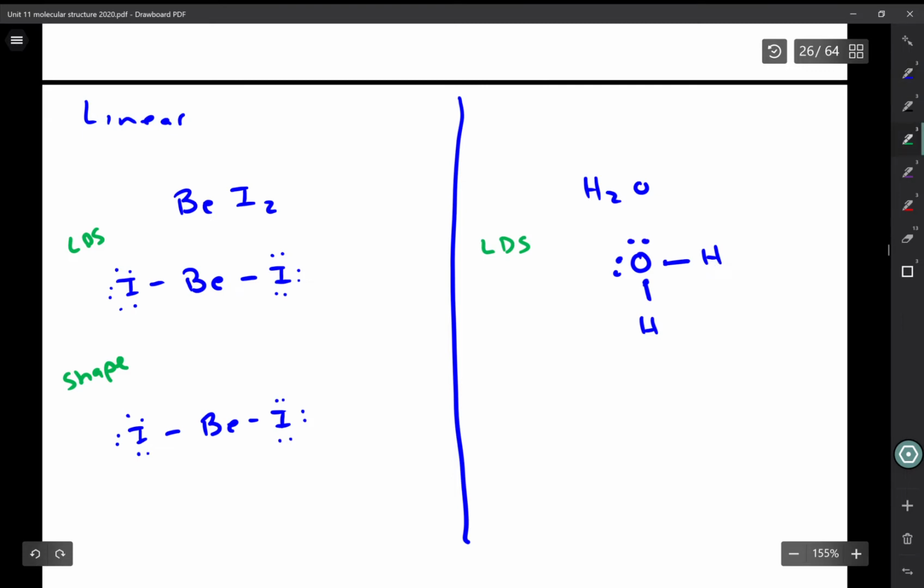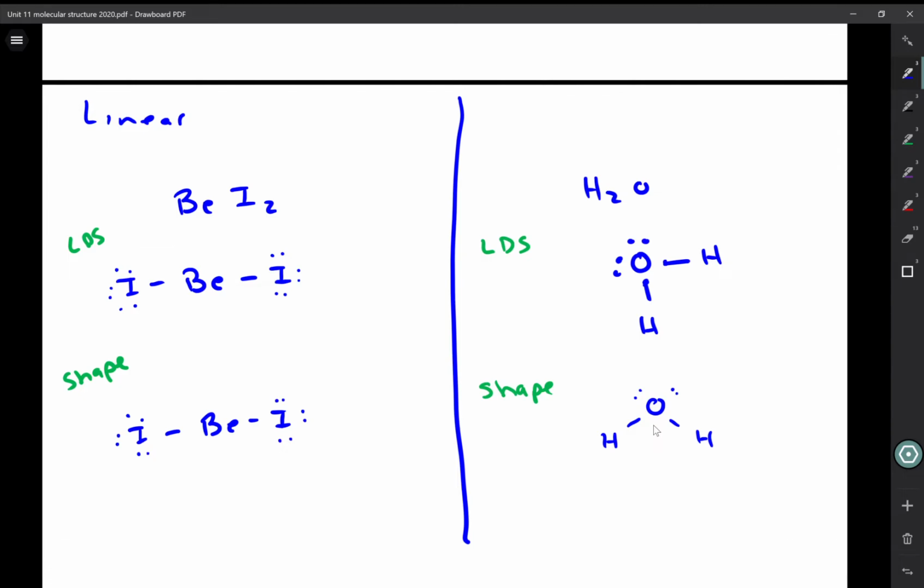So when we sketch the shape, instead of looking linear, it's going to look like this. These electrons are pushing the hydrogens down. Since they're free electrons, they tend to be a little stronger, so they give a much stronger push. They'll squeeze those hydrogens a little bit closer together.